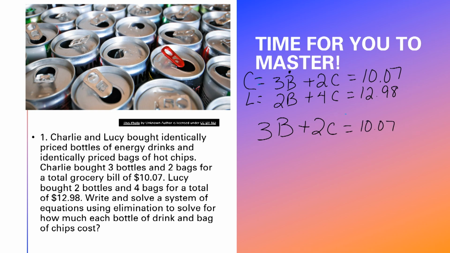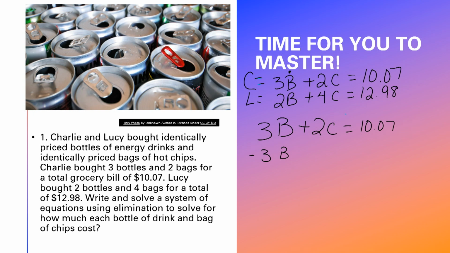But what I need to do now is take my Lucy problem and figure out what B is. So since I have a positive 3, I need to get a negative 3 down here on the bottom. Well, what would I need to do to Lucy's 2B to equal 3? Well, let's see. If I take that 3 and I divide it by 2, I get 1.5.